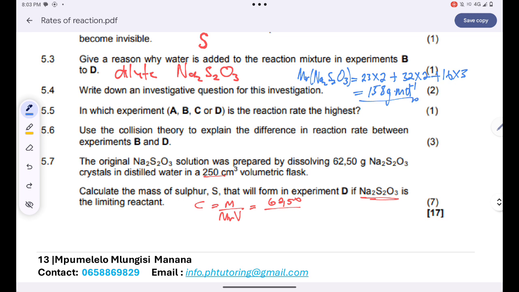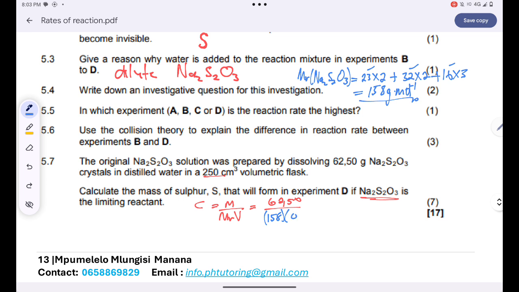So that's my relative atomic mass number, né? And please note that, guys, I got these 23, 32 and 16 on my periodic table, né? Okay, so the molar mass is simply 158, and then my volume, remember that, guys, whenever I'm using this equation, the volume should always be in cubic decimeters. So I'll simply say 250 divided by 1000.